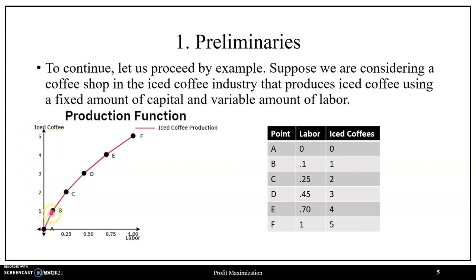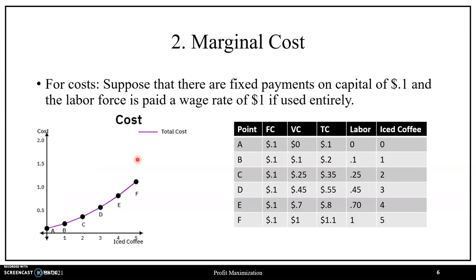As the percentage of the labor force increases, the quantity of iced coffee produced increases as well, at a decreasing rate due to diminishing marginal returns, where these two properties of a production function are what we've seen in prior analysis.